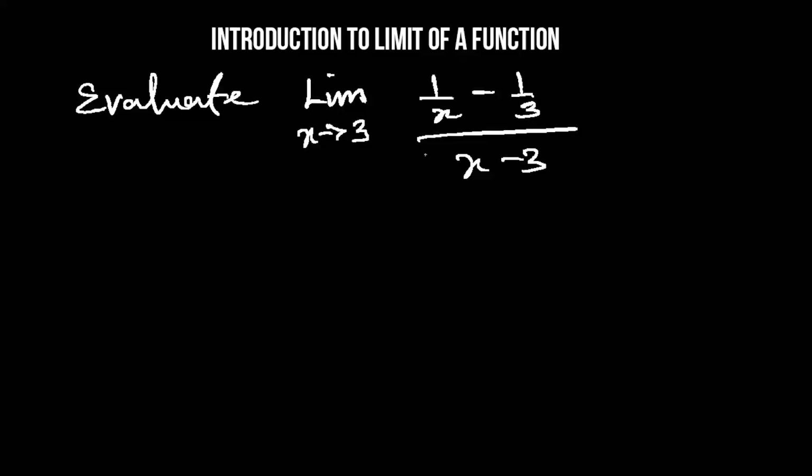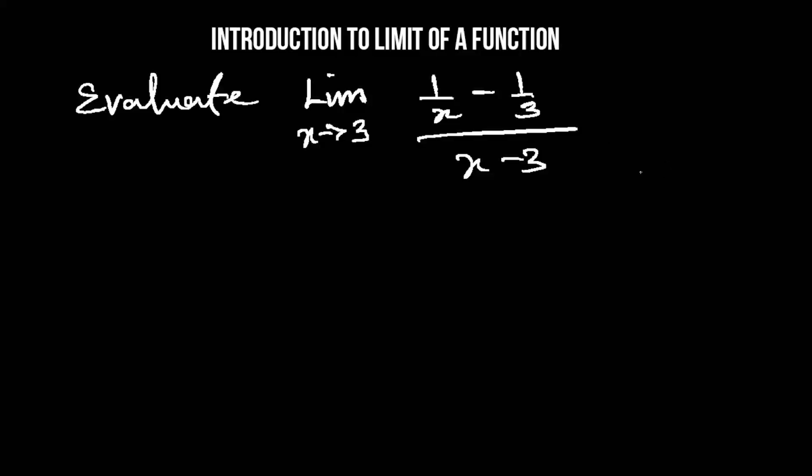Now, if you look at this, anytime you have a function like this, the first thing you want to do is to reduce this fraction to the very smallest version of it, that is, make it less complex. So how do we do that? We look for the LCM of x and 3, and you get to see that it's 3x.